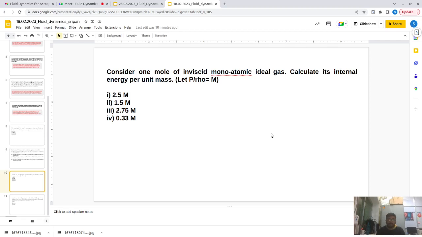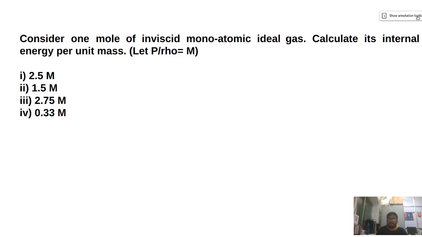I need some help on this. Okay, so basically, when you write the enthalpy equation, let's say you have the enthalpy as H. What you write is P by (gamma minus 1) rho, plus P by rho, right?